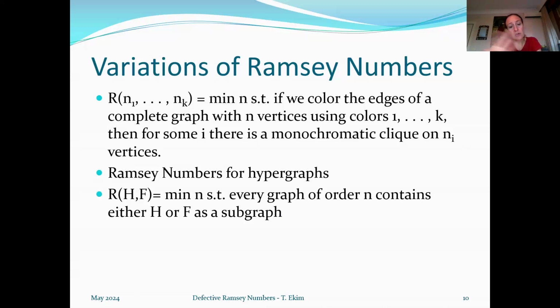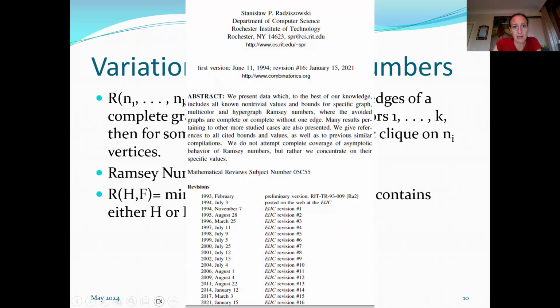On this topic, I'm going to continue with defective Ramsey numbers, but if you are interested in classical Ramsey numbers, let's say, then there's a perfect, I would say, survey, a dynamic survey from Stanislaw Radziszowski in the Electronic Journal of Combinatorics.